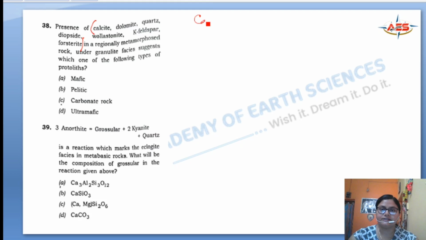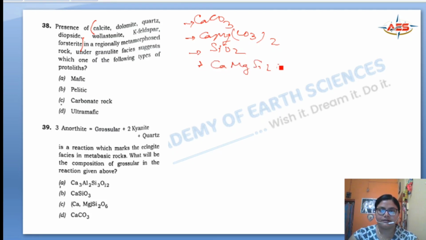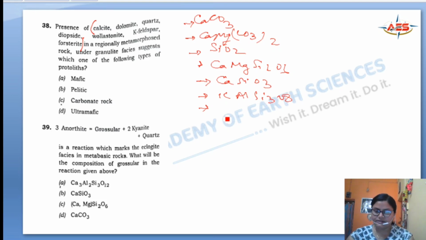What is the formula of calcite? CaCO3. Dolomite is CaMg(CO3)2, quartz is SiO2. Then we have diopside, then wollastonite, K feldspar, and forsterite.